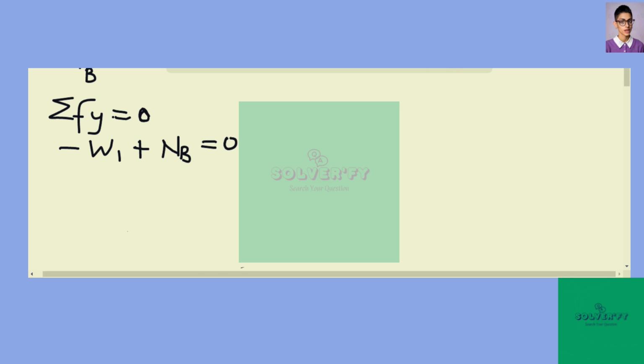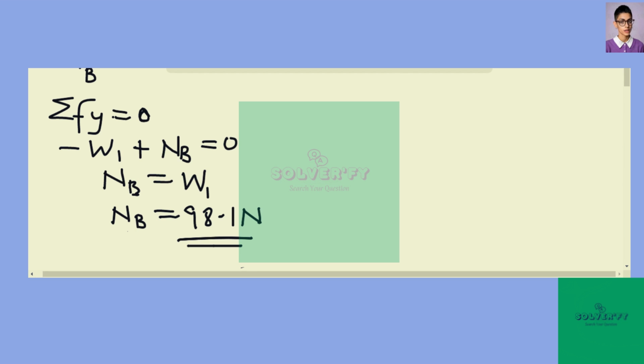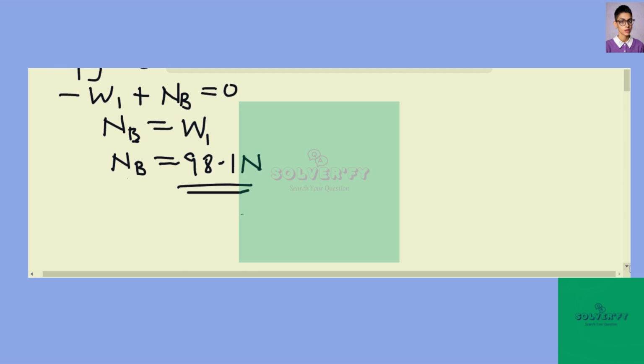So the normal reaction at B, NB, is equal to W1, which is 98.1 Newton.